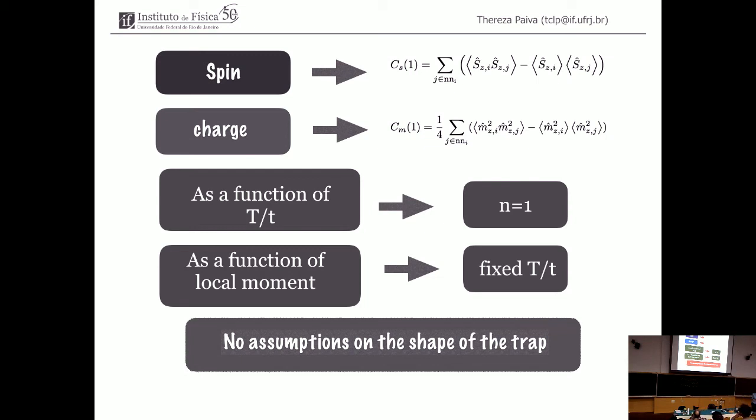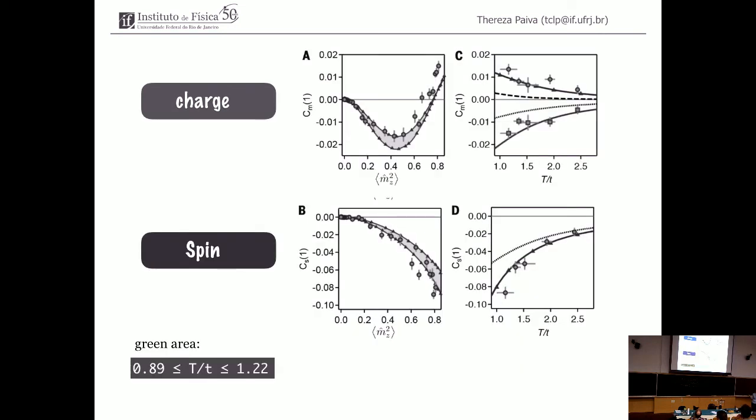And one thing that is good in these experiments for theory people like me is that we don't need to make any assumptions about the shape of the trap. This is something that complicates things when we have to average quantities throughout the trap. We have to assume it's parabolic or it's not. And here, as we have on-site information, we don't need to make any assumptions.